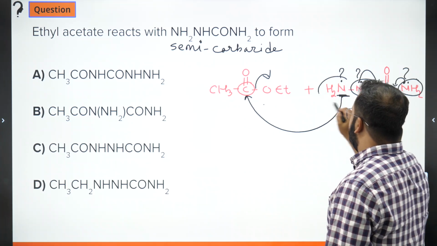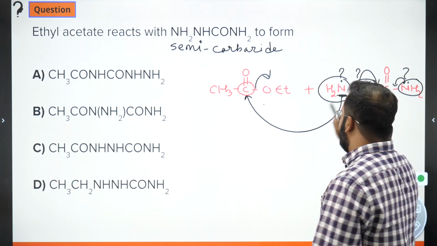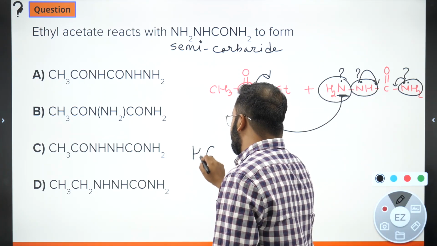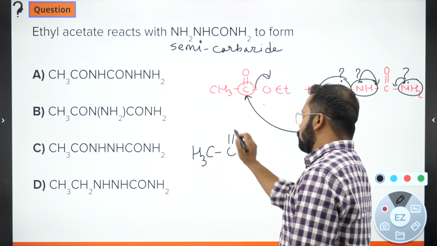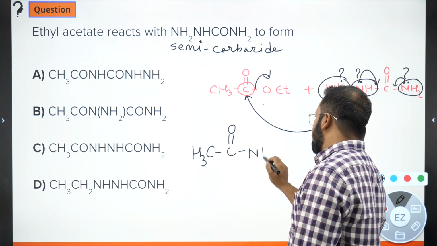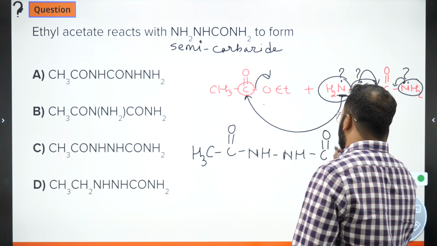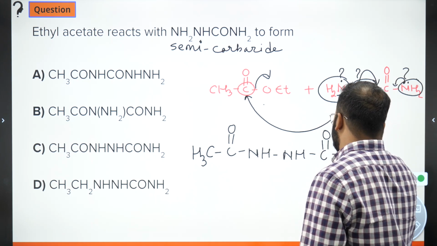So this nitrogen is more nucleophilic. Attachment would take place from this end and the product formed would be CH3, C double bond O, N, H, N, H, C double bond O, N, H, 2.